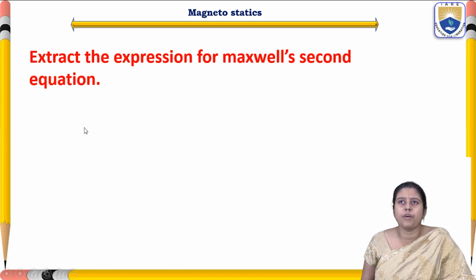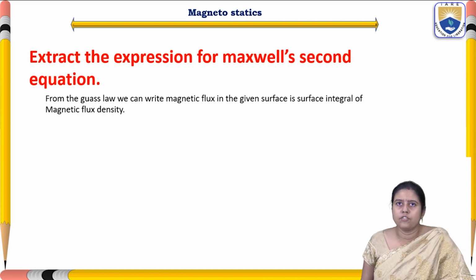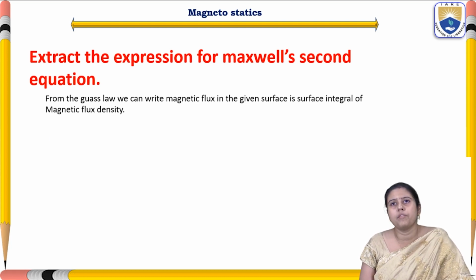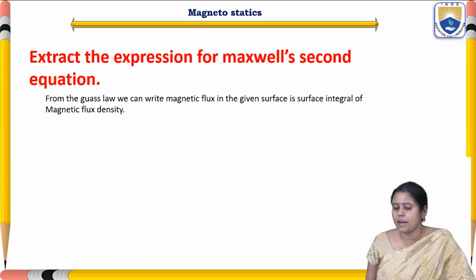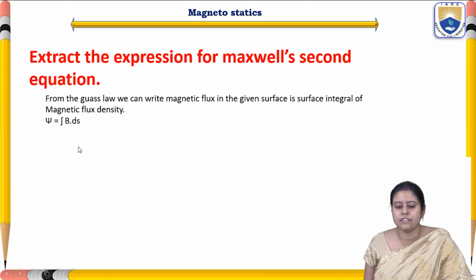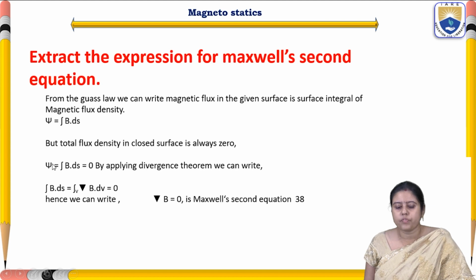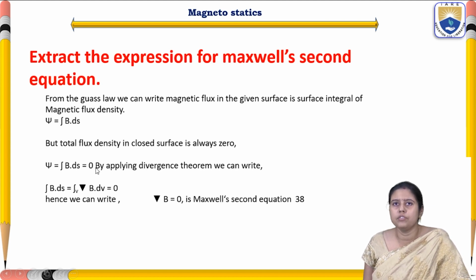Extract the expression for Maxwell's second equation. We have already discussed the analogous Gauss law. From the Gauss law, we can write the magnetic flux psi is equal to the surface integral of B dot ds. The total flux through a closed surface is equal to 0. So psi equals the closed integral of B dot ds equals 0.